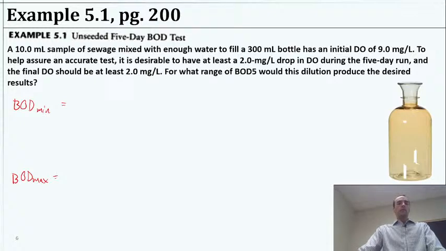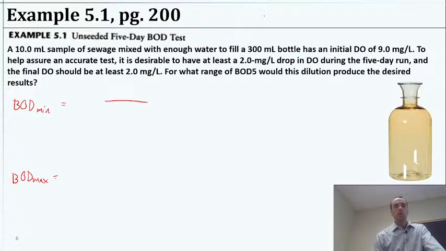All right, so we can look at this probably a couple of ways, but I think if we consider the minimum BOD, that range of BODs, right? We're looking for the min to max that could get us a reasonable result here.